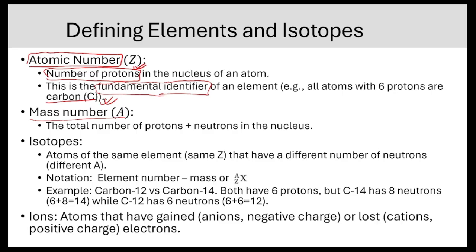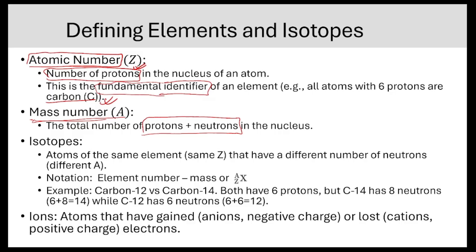And then the other number we use to define atoms is the mass number, and the mass number is the total number of particles within the nucleus. We know the subatomic particles inside the nucleus are protons and neutrons, so the mass number is the sum of all the protons and neutrons within an atom.